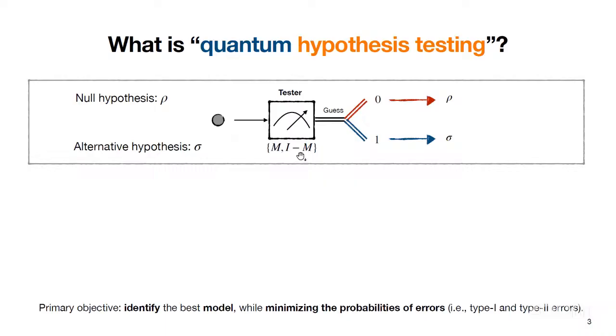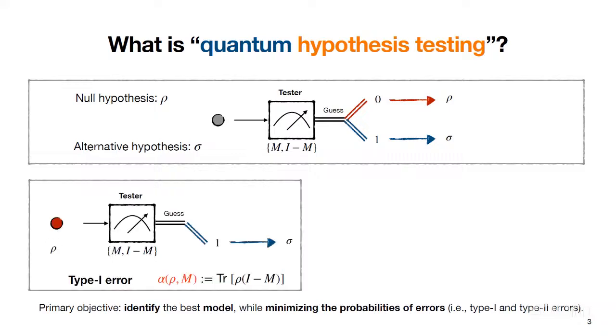You design a binary measurement, a POVM measurement, and based on the measurement outcome, either 0 or 1, you decide whether the state is rho or sigma. For example, if the outcome is 0, you decide the state is rho. If the outcome is 1, then you decide the state is sigma.